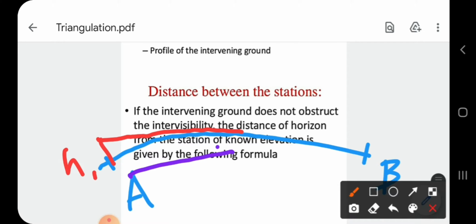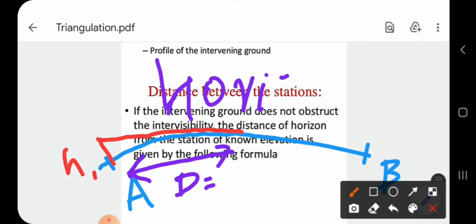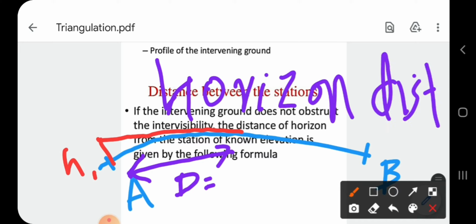Only up to this distance we are able to see with our naked eye. That distance is d, some kilometers it will be, and this distance is known as horizon distance.